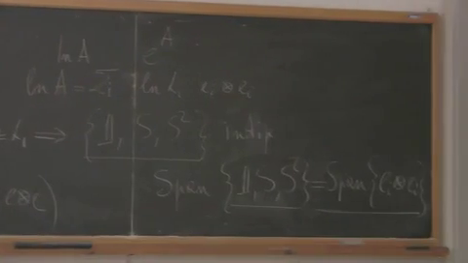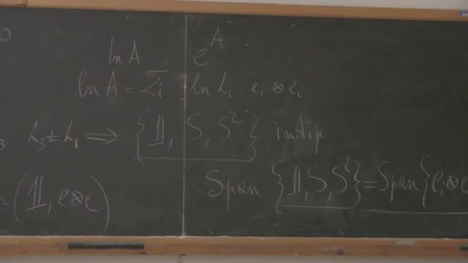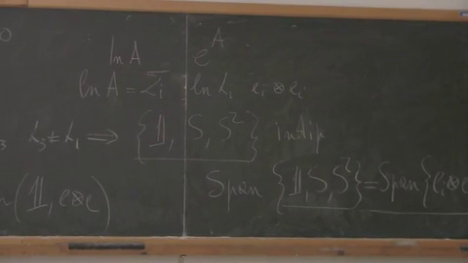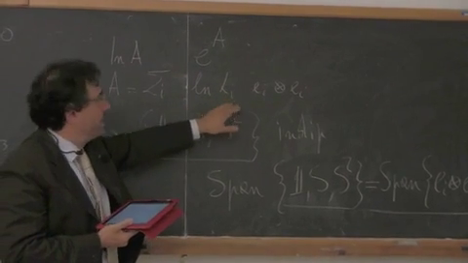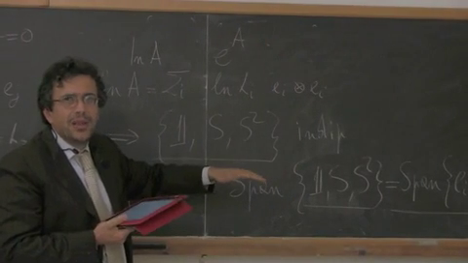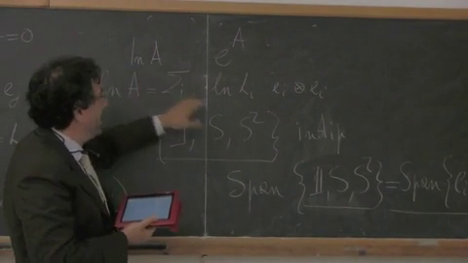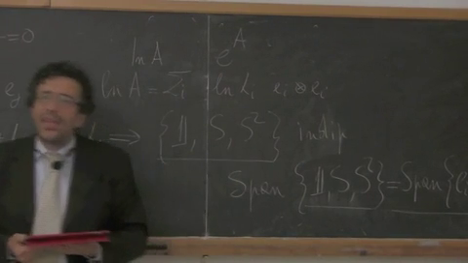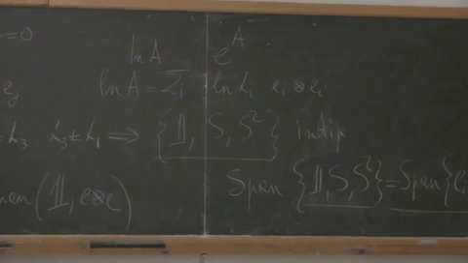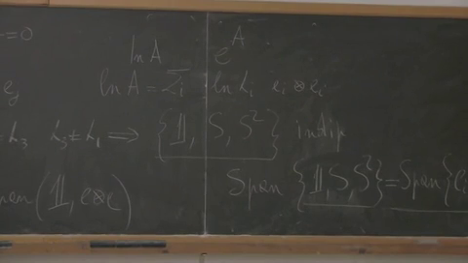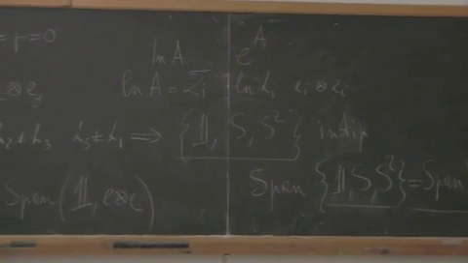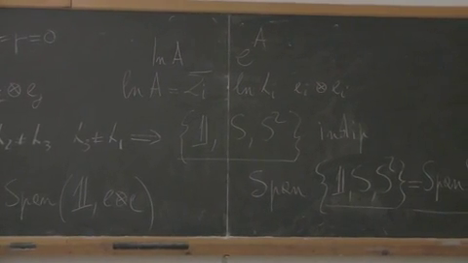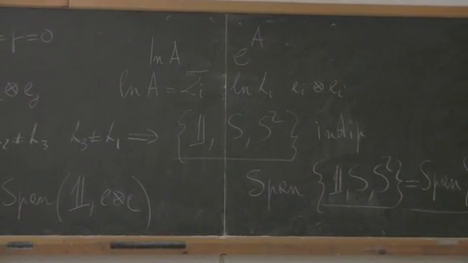A true mathematician would claim I'm crazy, but you can make all this rigorous. Of course, logarithms are possible only for positive real numbers. So logarithm of A is possible only if A has positive eigenvalues. So you are slowly introducing the calculus of matrices.